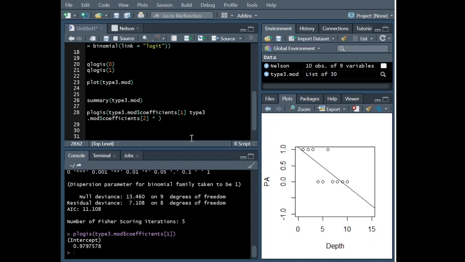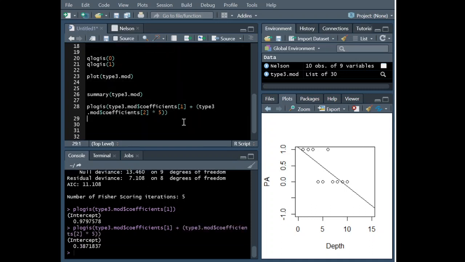If we wanted to predict a depth of 5 feet, we multiply that coefficient 2, beta 1, times 5, add it to our intercept, and then after we add all that stuff together, we then take the plogis of it, and we get 0.387, right? The probability of a type 3 ceramic being found at a depth of 5 feet is 38.7%, roughly.